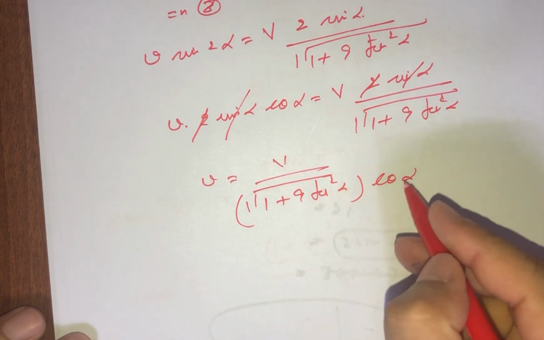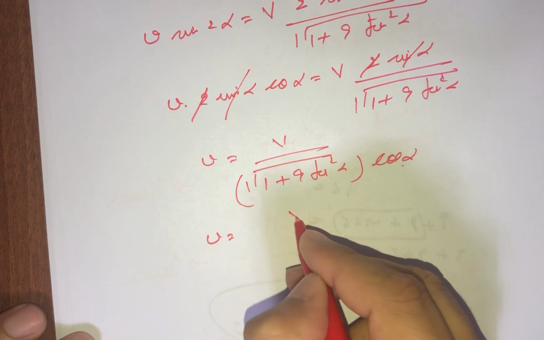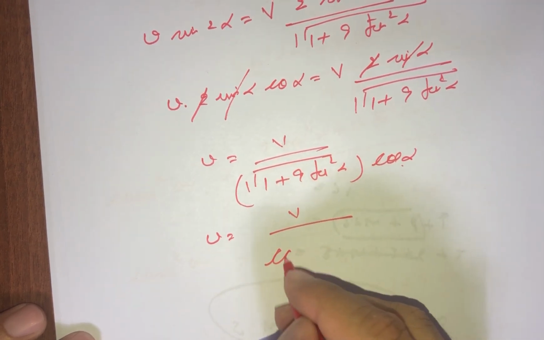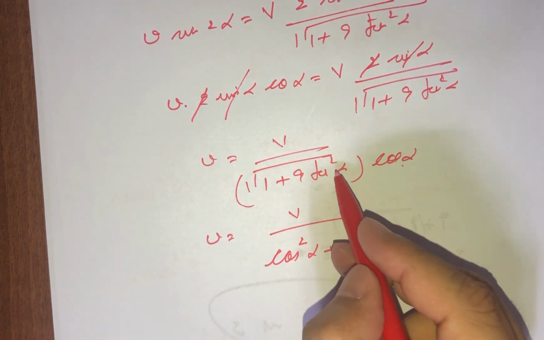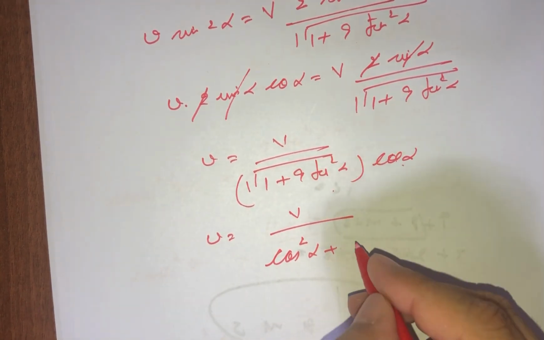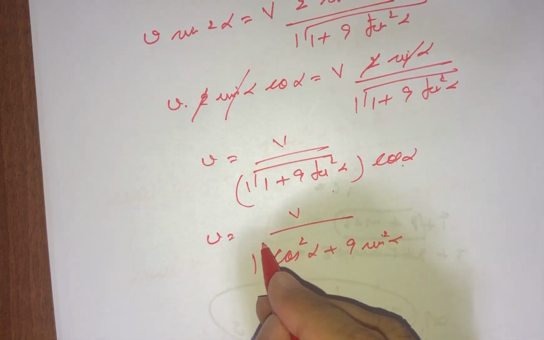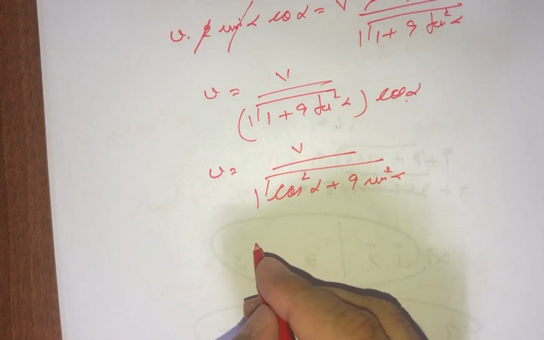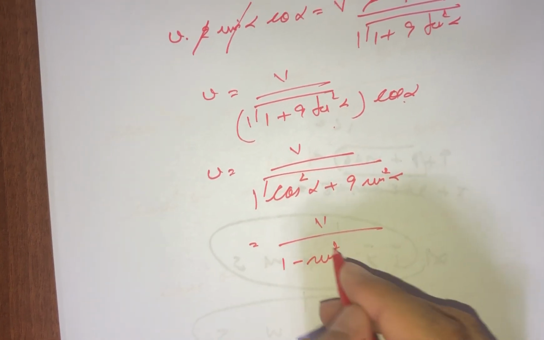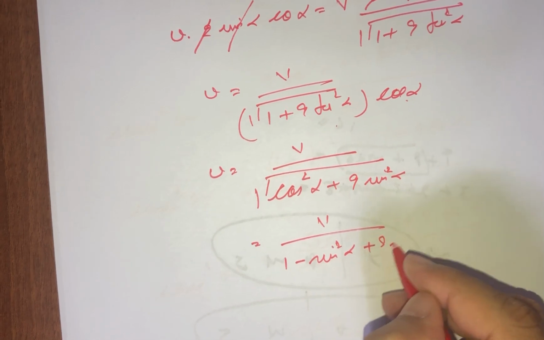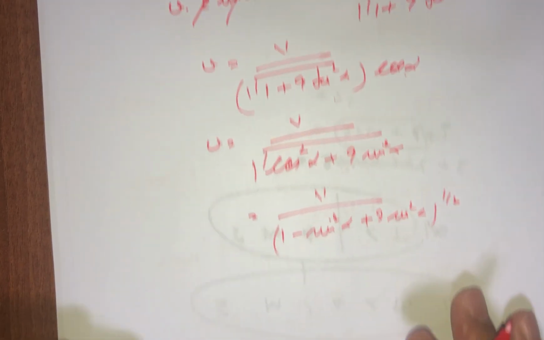Bringing cos of alpha inside the square root, so we get v is equal to capital V over cos square alpha plus 9 tangent square alpha; tangent square can be written as sine square upon cos square, so cos square cancels out. So we get 9 sine square alpha. Cos square alpha can be written as 1 minus sine square alpha plus 9 sine square alpha, raised to the power 1 by 2.